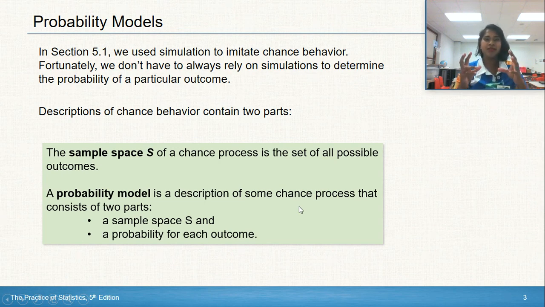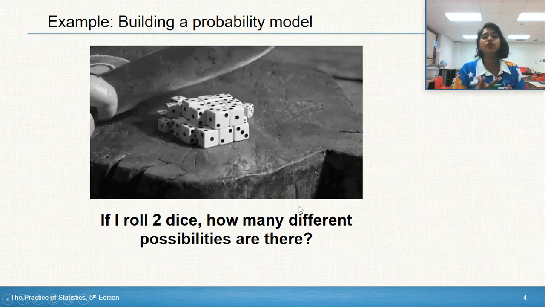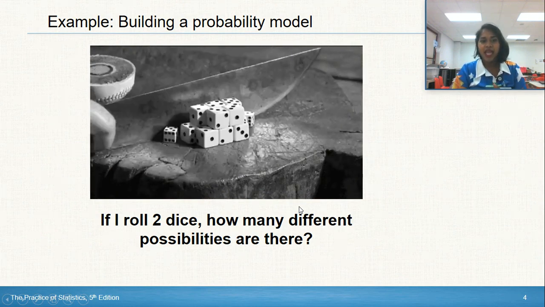That's typically represented as P of whatever. That P is your probability model, the probability of each outcome, and the sample space would be that of whatever. Okay, so if I roll two six-sided dice, how many different possibilities are there?